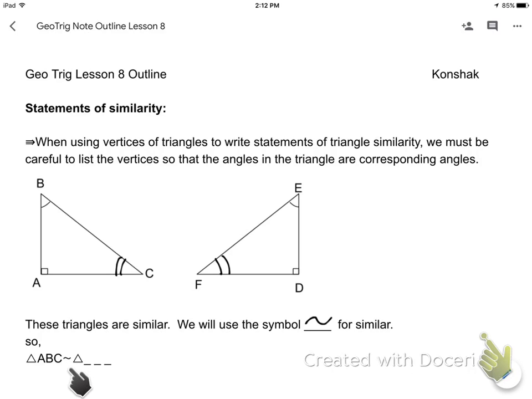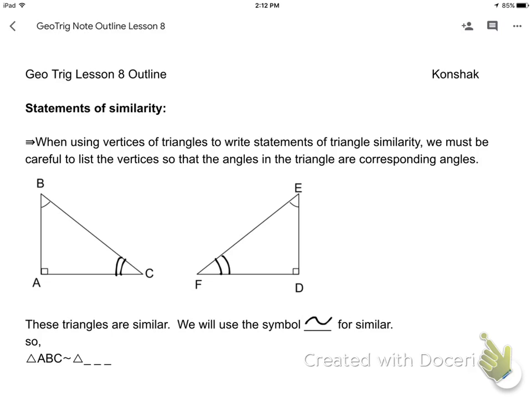Now this is where it's very important. It's very important that you have the order correct. A is what angle in the left triangle? It's the right angle. So therefore I need to go over here and hunt for the right angle.